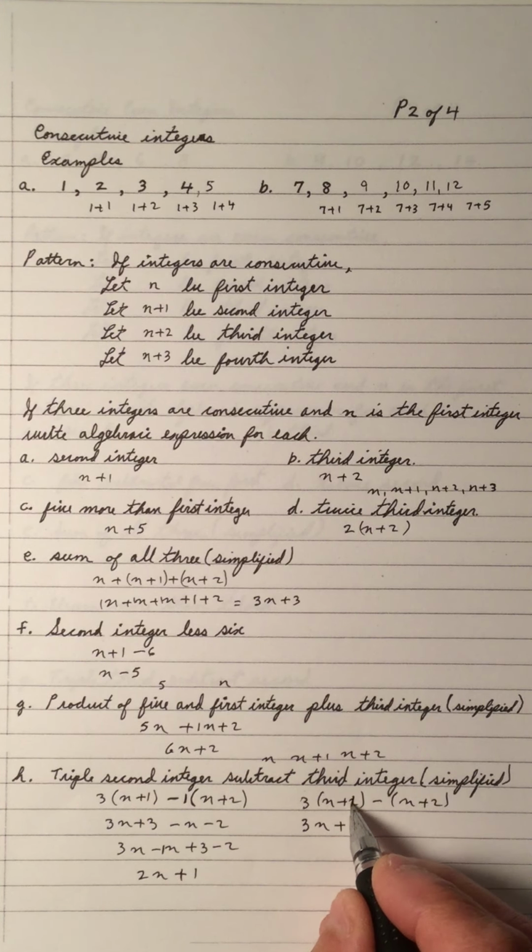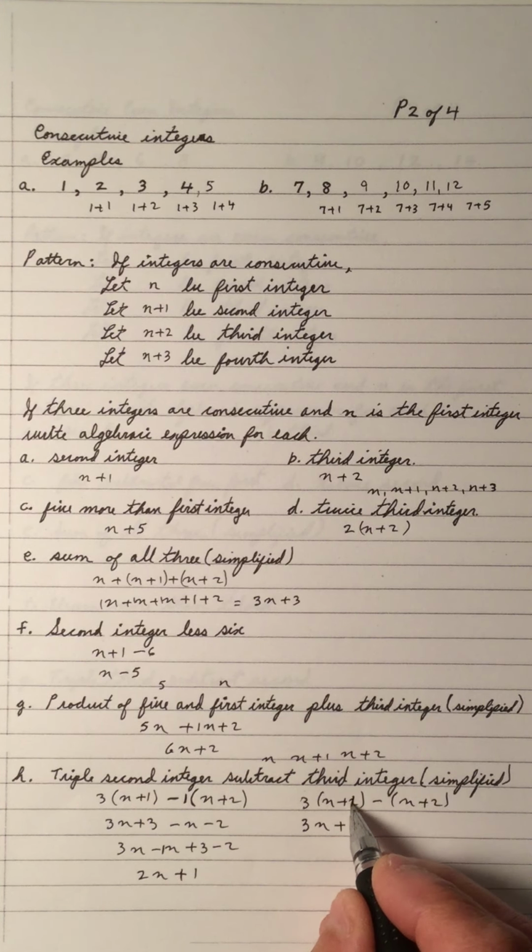The first is n. 5 subtracted from the first, so we reverse the order with a subtract from. Twice the second. The second is n plus 2, so twice that. And you could also make it, if you wish, 2n plus 4. So you can have 2 times n plus 2 or 2n plus 4. 2 times n, 2 times 4.